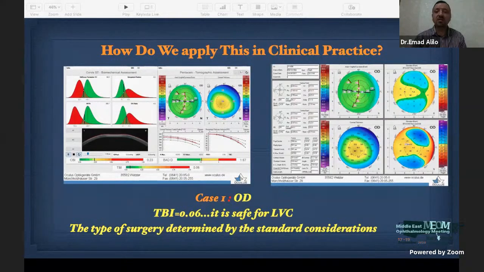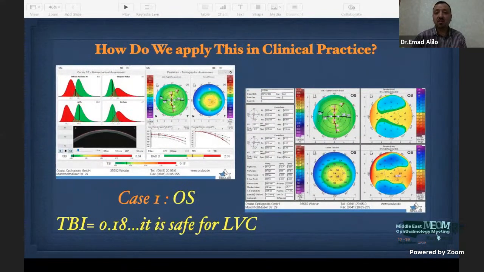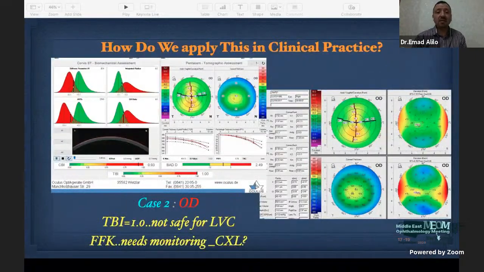Okay. So in this case, if we look at the other eye, it also shows that the TBI is 0.06. So it is safe to cut even with this suspicious corneal tomography. If we go to the other eye, on the other hand, we can see that this cornea has very bad biomechanics, with a CBI of 0.1.